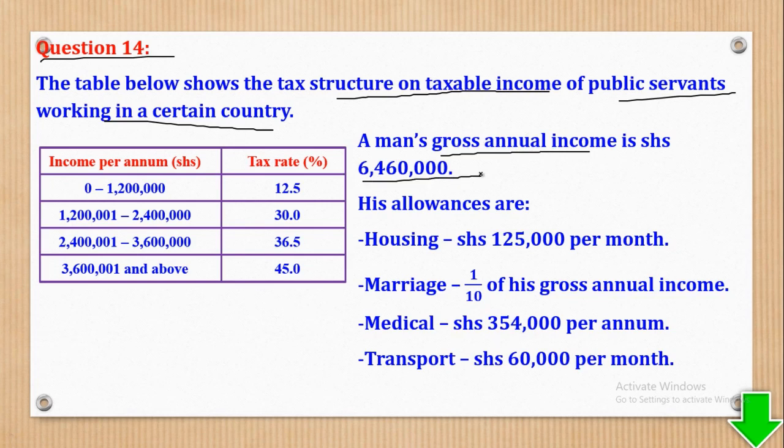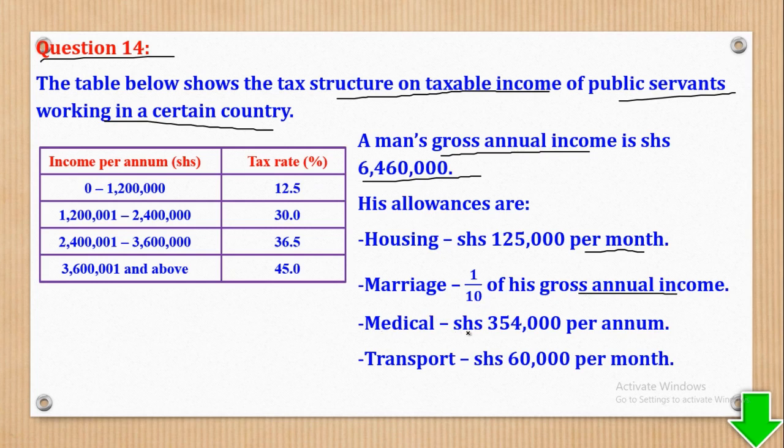Gross annual income is 6.46 million. His allowances are as follows. Housing is shillings 125,000 per month. So this is per month, while the income was annual, per year. You should take note of that. Then marriage, it was at 1/10 of his gross annual income.